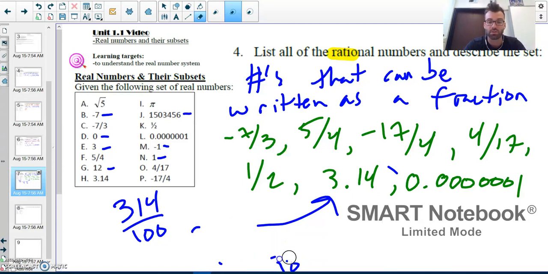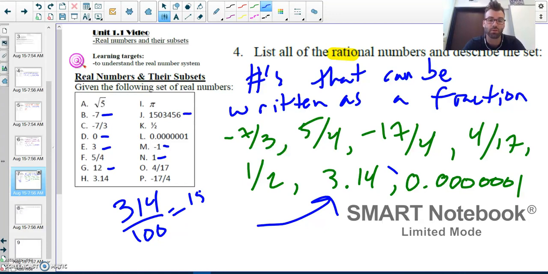But it's hundredths, so I move the decimal point 2 spots, 1 is 10, 2 is 100. So I put 314 over 100, which if I reduce it gives 157 over 50.